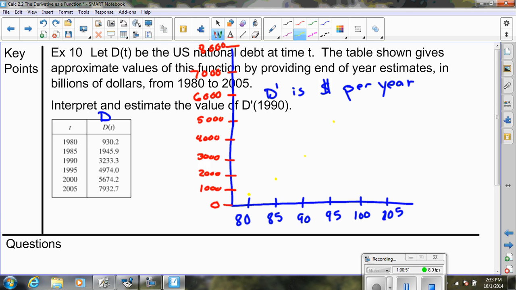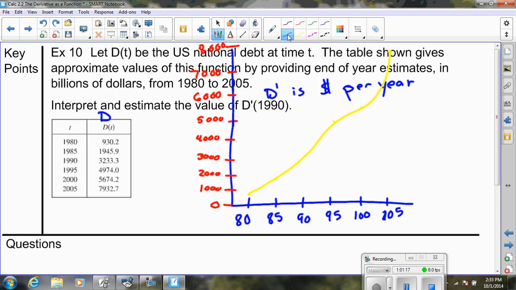Then we had a little bit about 5,700. Then we had about 8,000. Okay. So if I'm trying to connect the dots and say, okay, here's my function, here's my function as just a rough guess.